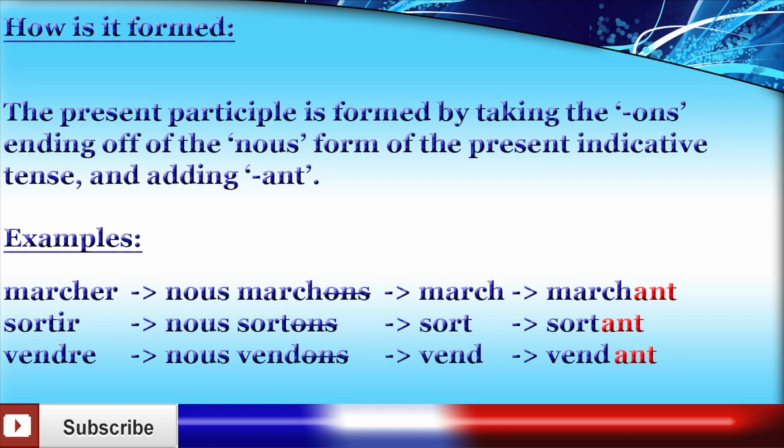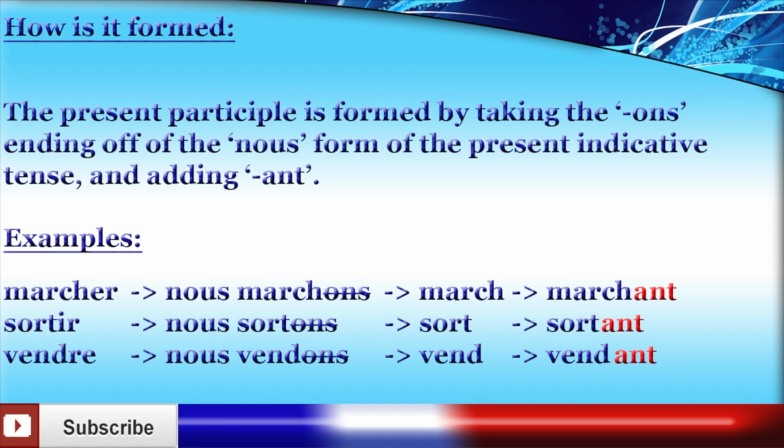So for example, let's take the verb marcher. The nous form of the present indicative tense for marcher is nous marchons. So we take the ons ending off, we then add ant, and we get marchand.